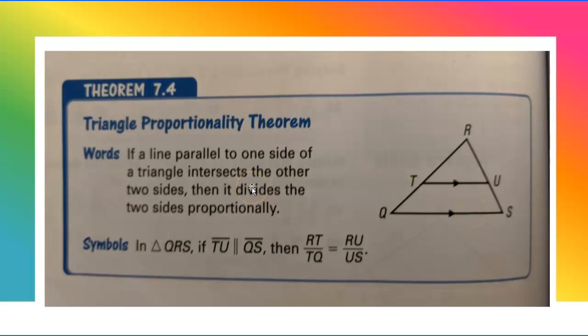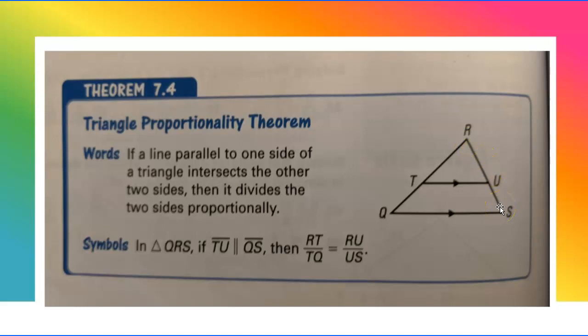Then, so remember, our theorems are often if-then statements. Then it divides the two sides proportionally. So that means QR and RS are divided proportionally. And here they've written it out for us. Triangle QRS, if TU is parallel to QS, then that means that RT over TQ is going to be proportional to RU over US.